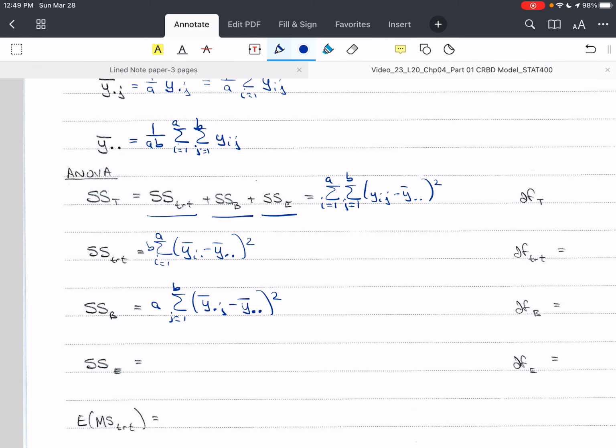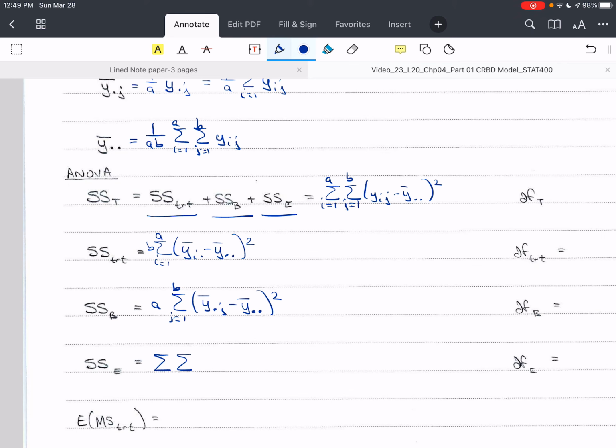And then SSE is quite a bit messier, but let me show it to you. We usually don't calculate this. We usually calculate all the others, SST, SS treatment, and SSB, and then we'll take SST minus SSTRT minus SSB, and that's a lot easier than calculating this directly, and you'll see why.